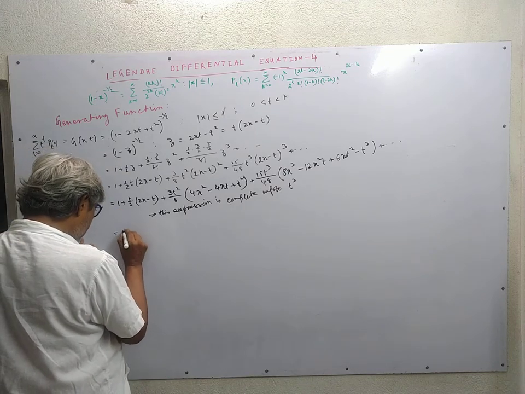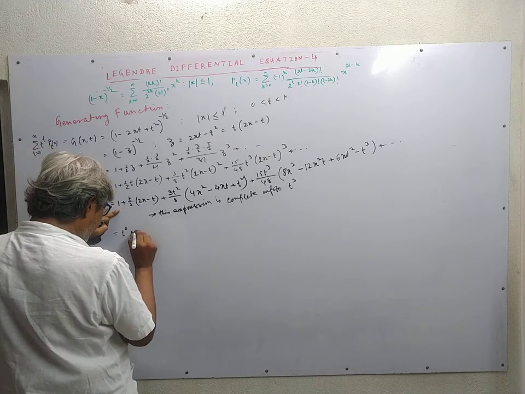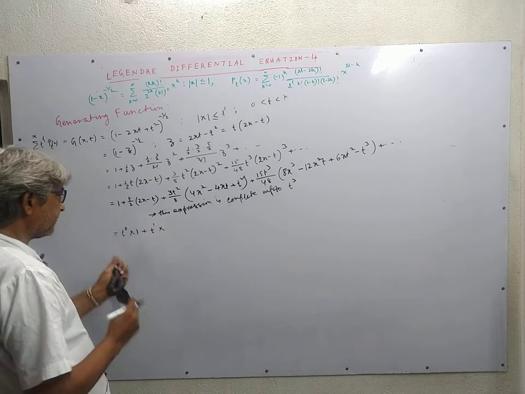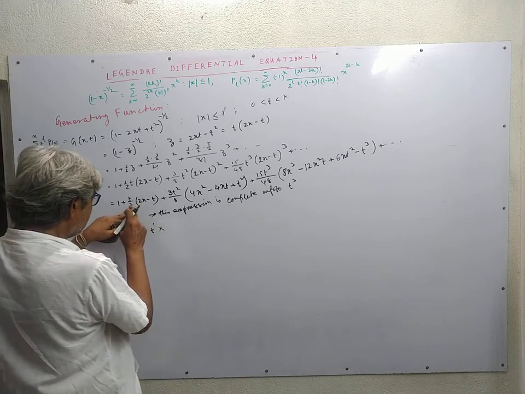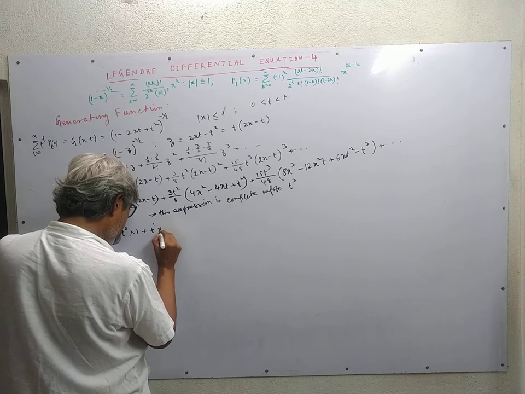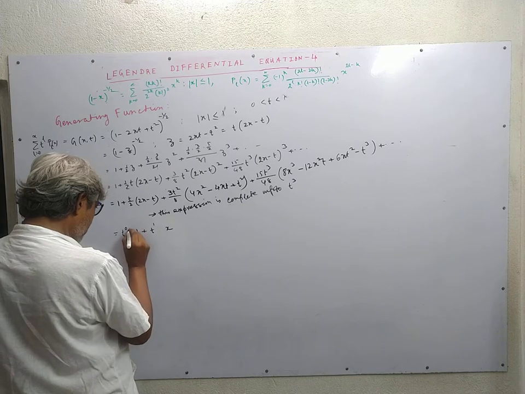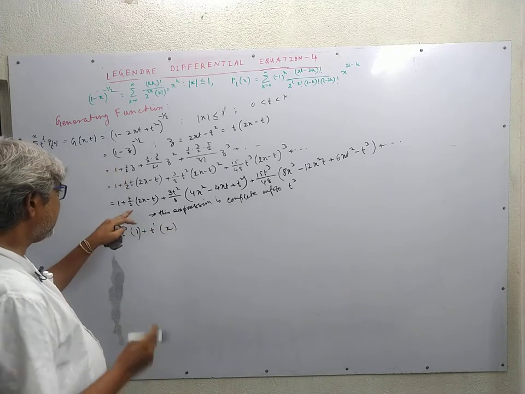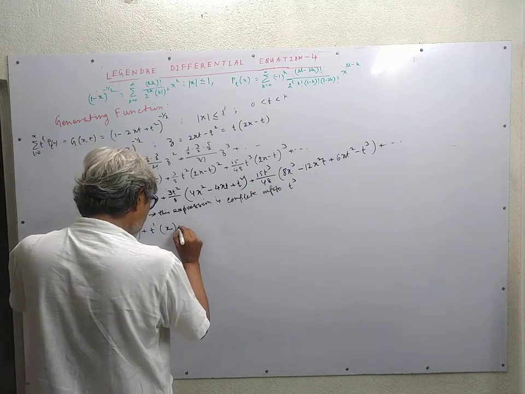For t to the power 0, there is a single term which is independent of t. The t to the power 1 term will come from this, so this is t and this is x. There is no other term which is the coefficient of t.